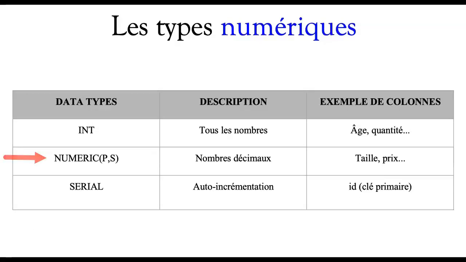The second type is numeric. It concerns decimal numbers such as 1.50 for measurement or 90.99 for a price. When applying the numeric type to a column, you must specify two factors. The first is the highest number of digits a field can accept, and the second is the scale, the maximum number of digits allowed after the point.